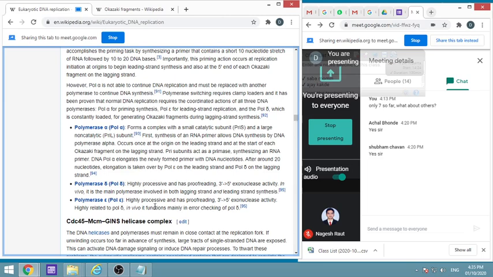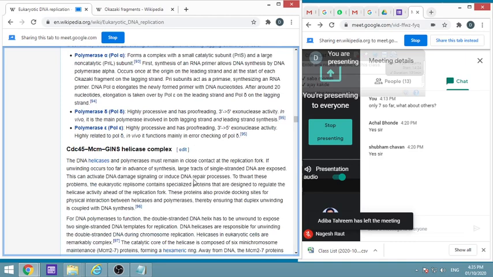So this is the job of polymerase alpha. We have seen polymerase delta playing a role in the lagging strand, that is in making Okazaki fragments. We have seen polymerase epsilon is highly processive. It has a proofreading facility, meaning it will not miss even a single nucleotide.